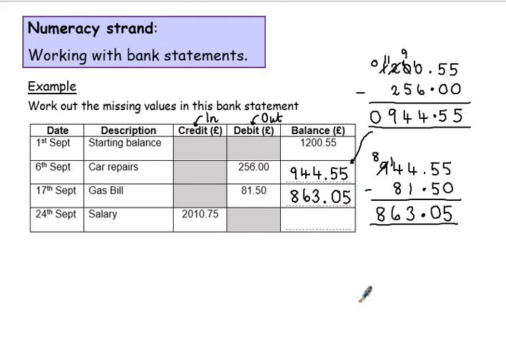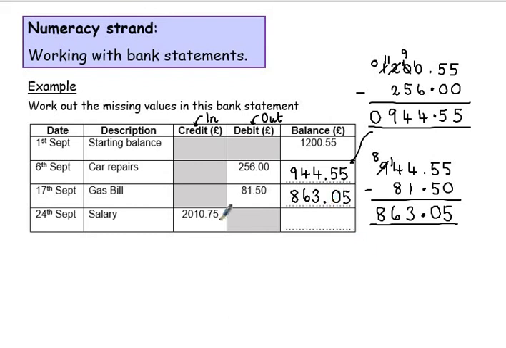Finally then, you can see on the 24th of September, a salary comes in. It's in your credit, so this comes into your account, and we have £2,010 and 75 pence. And now because this is coming in, we want to add it to the last amount in our bank. So we're going to be adding £2,010.75 to £863 and 5 pence.